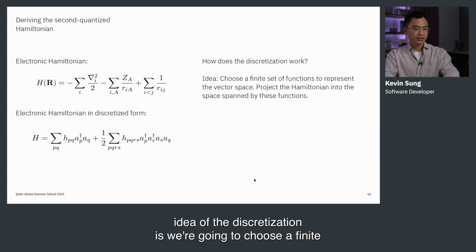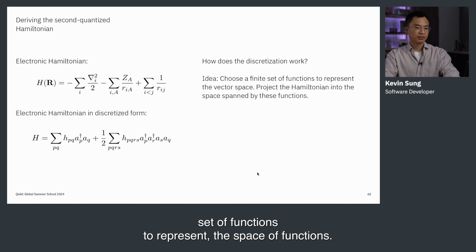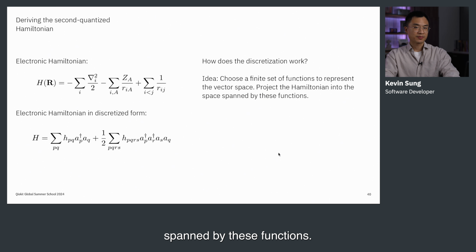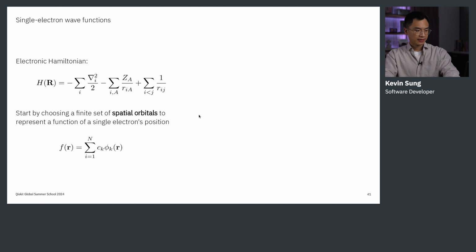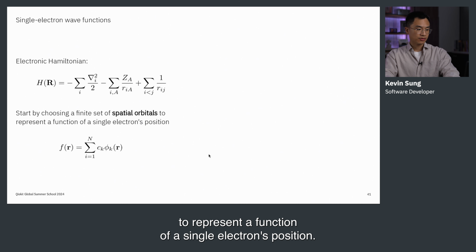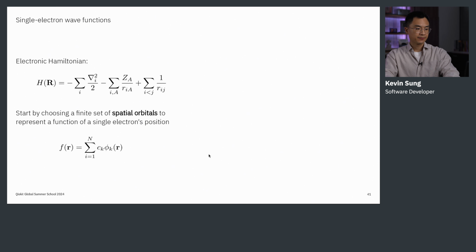So the idea of the discretization is we're going to choose a finite set of functions to represent the space of functions, and we're going to project the Hamiltonian onto the space spanned by these functions. We're going to start by choosing a finite set of what we'll call spatial orbitals to represent a function of a single electron's position.